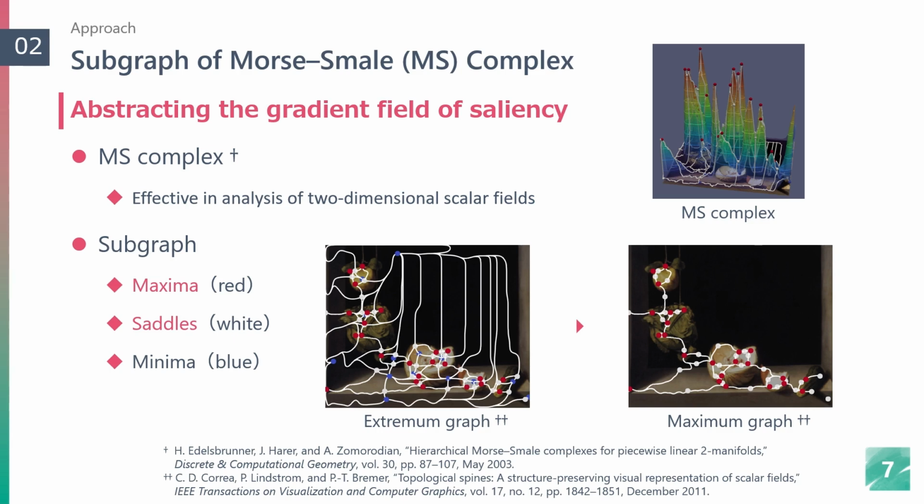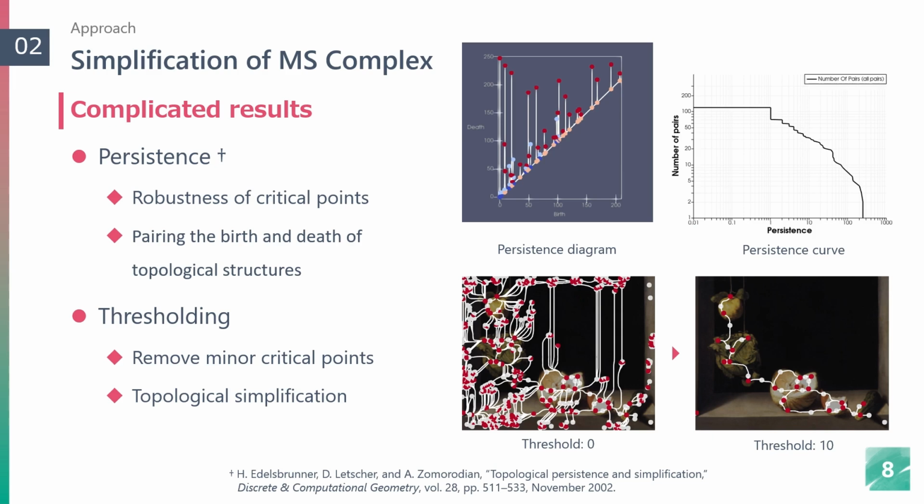Therefore, we believe the skeletal representation of segmented regions provided by one-cells of Morse-Smale complexes closely resembles the structure of leading lines. However, detecting all critical points in the saliency map, including minor maxima, may complicate the analysis. So we set a threshold on the persistence of critical point pairs to control the level of topological detail by selectively removing minor critical points.